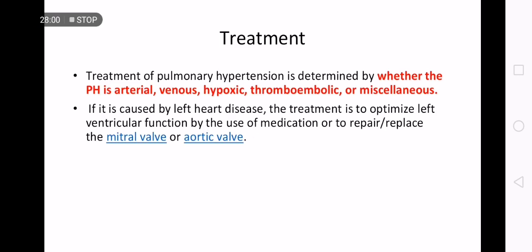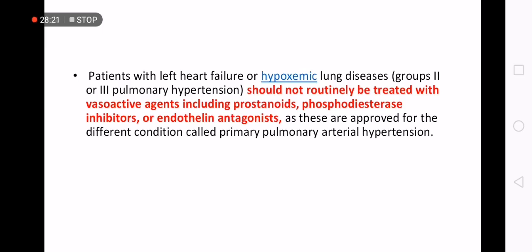Then we consider the treatment of pulmonary hypertension in the pediatric age group according to the cause. We have to treat the cause first, then give adjuvant therapies like pulmonary vasodilators and anticoagulants. We have to stress that we shouldn't routinely treat with vasoactive agents, including prostanoids, phosphodiesterase inhibitors, or endothelin antagonists, unless we have excluded all causes of pulmonary arterial hypertension.